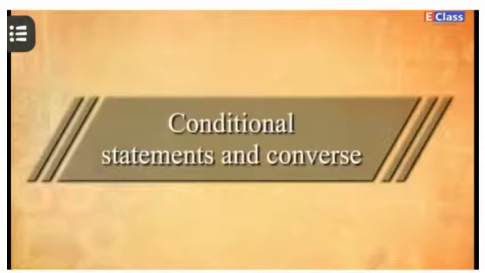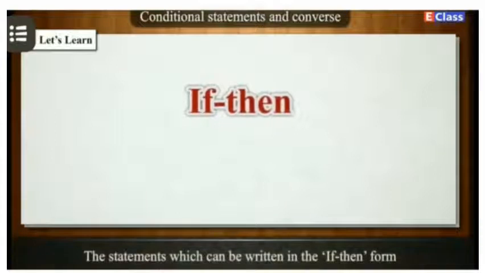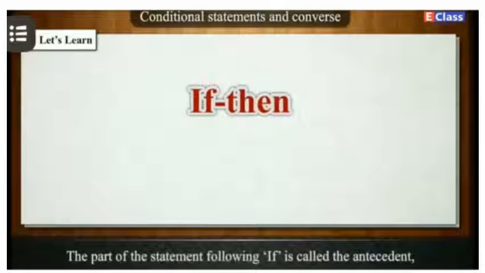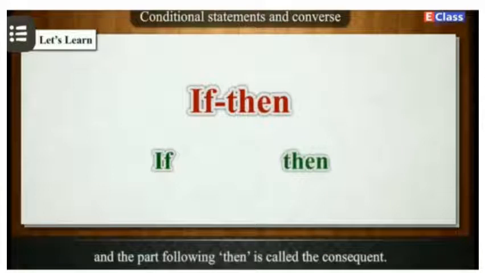Conditional statements and converse. Let's learn. The statements which can be written in the if-then form are called conditional statements. The part of the statement following if is called the antecedent, and the part following then is called the consequent.